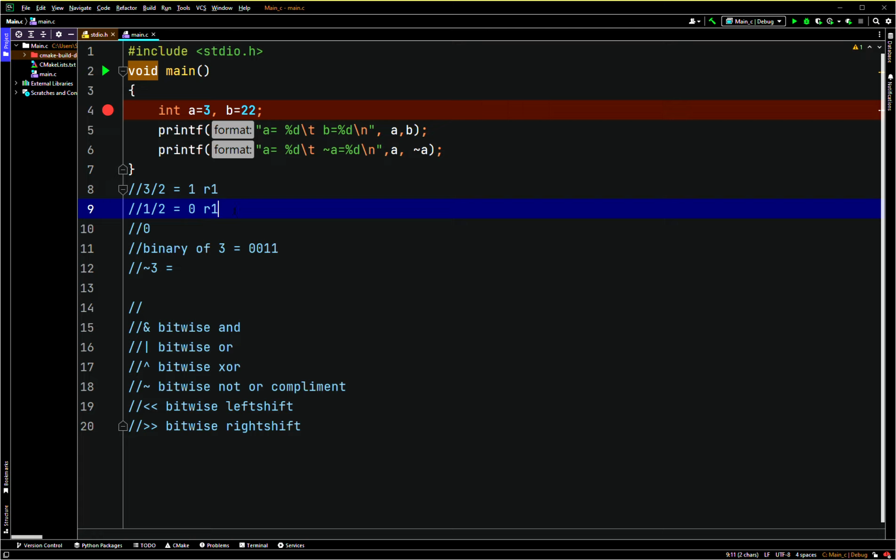And then we carry the 0 down here, and that's the last one. If you get a 0, that's the last one, because 0 can't be divided by 2. So the way you write 3 in binary is 1, 1. You take it from the bottom to the top.